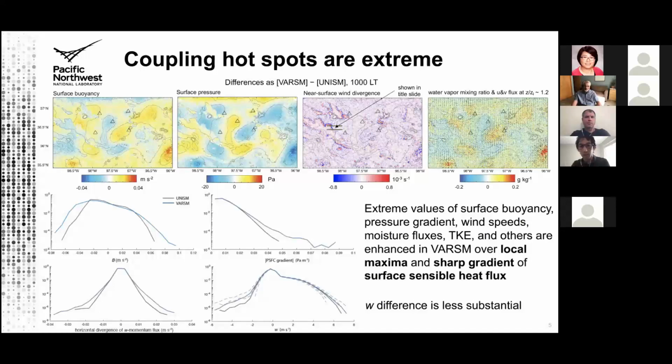As you can see in the near surface wind divergence map, those hot spots cover only a small fraction of the domain, less than 500 grid columns out of 1 million. So we have to use a log scale to really see the difference in the probability distribution I'm showing in the lower left. But still, the difference is really there: the variable soil moisture extends those values quite far to the sides compared to uniform soil moisture. Okay, can you go to the next slide?